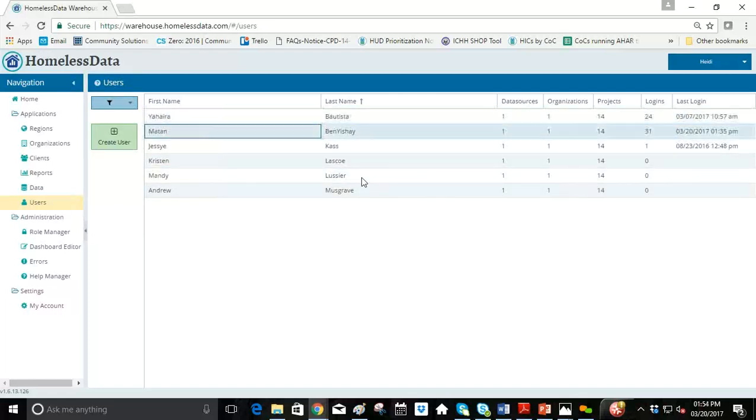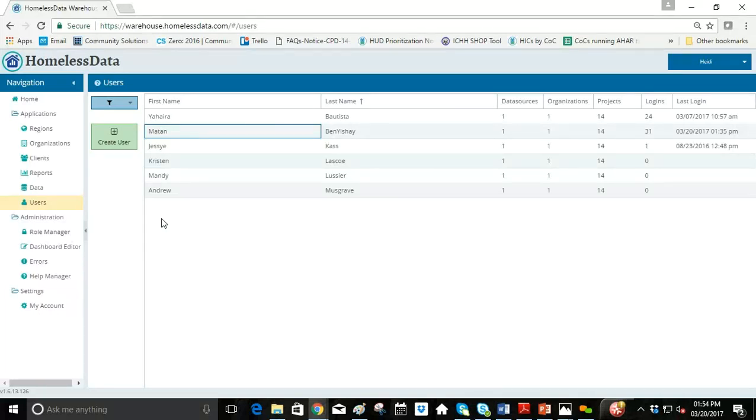And these, again, are all the users associated with this data source that Matan is now overseeing. And it looks like, in this case, all of his users have access to all 14 projects. Again, although some are using it more than others. And again, depending on how you set it up, you can assign people just the projects they're responsible for.